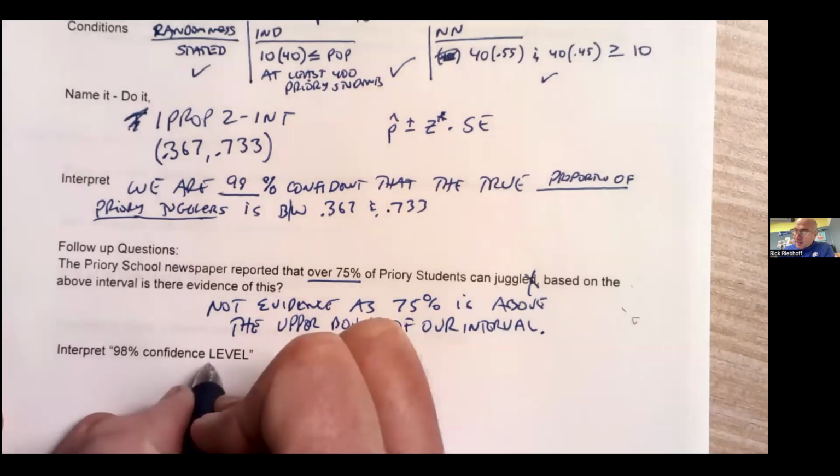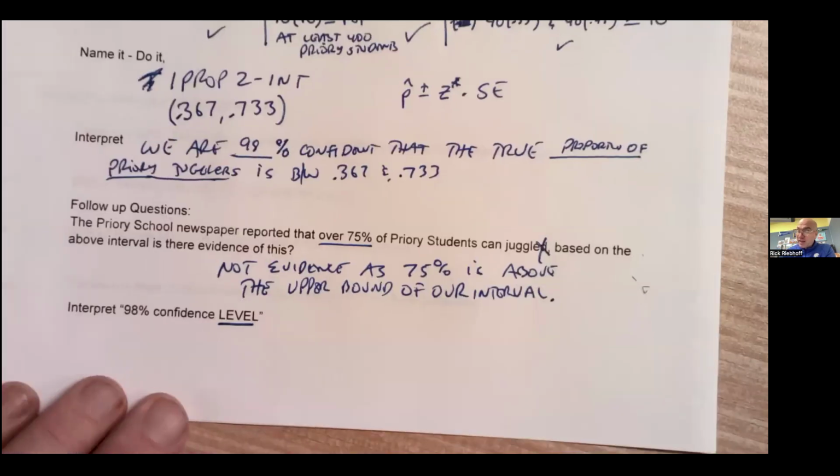Interpret the 98% confidence level. This is the second thing to memorize.